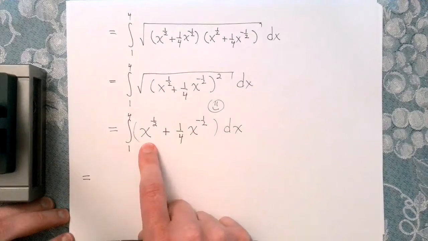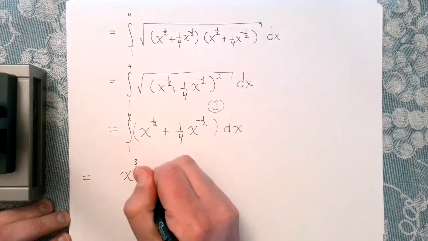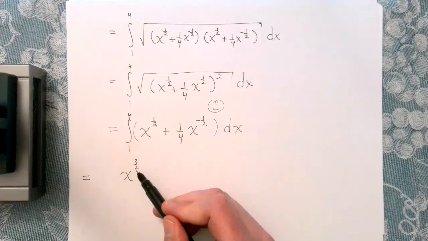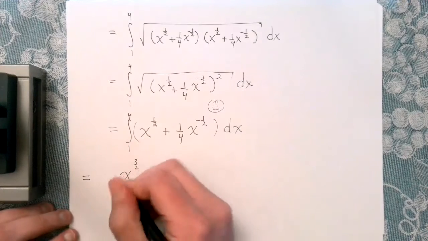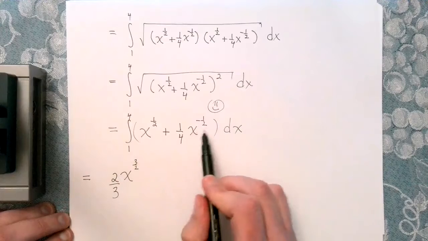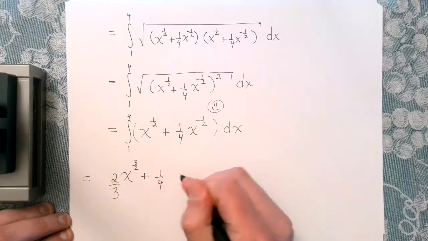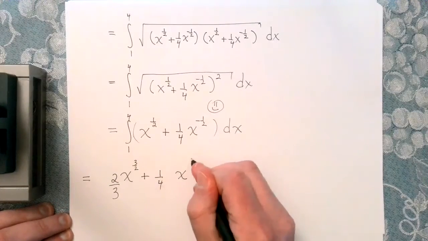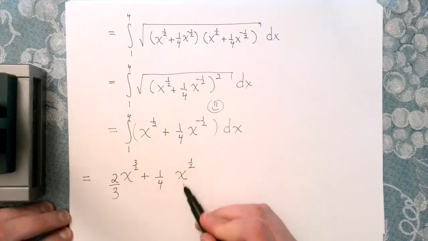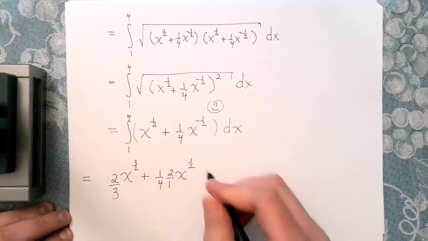Okay, so by the power rule, I need to increase the power by 1, and then divide by that new power. Well, if I divide by 3/2, that's the same as multiplying by 2/3. Okay, so power rule. So increase the power by 1. And if I divide by 1/2, that's the same as multiplying by 2.